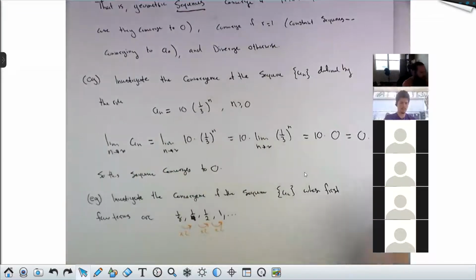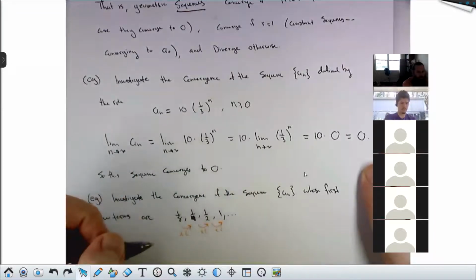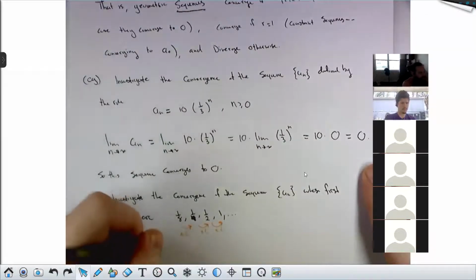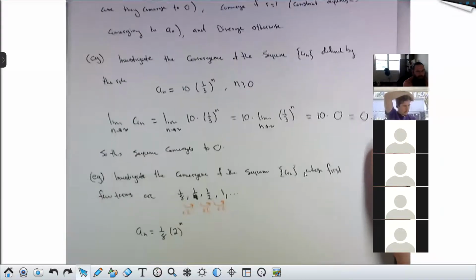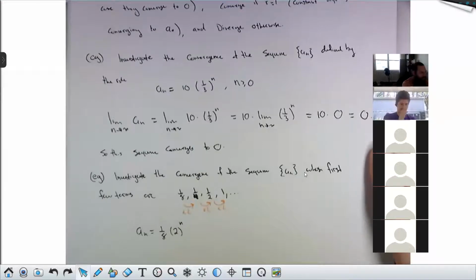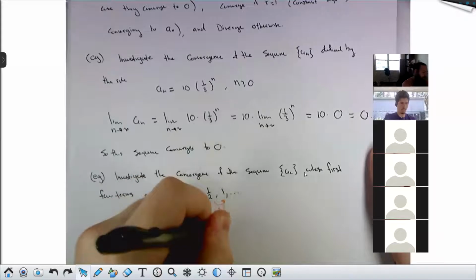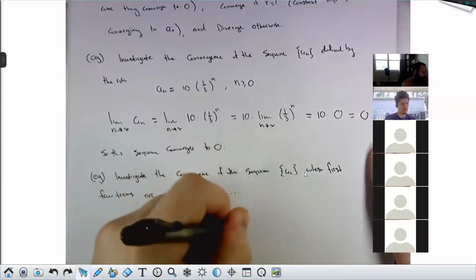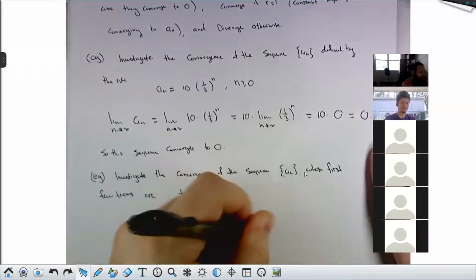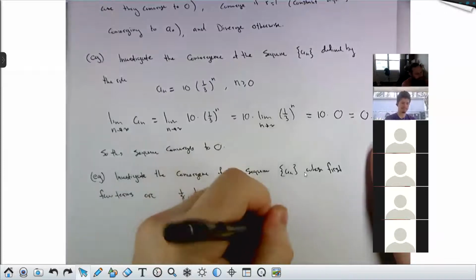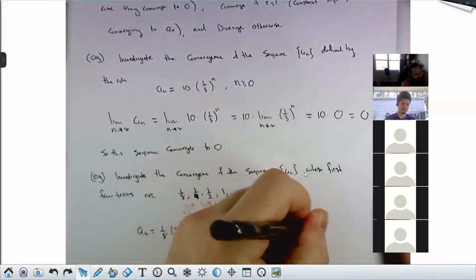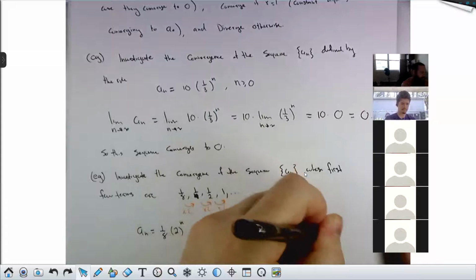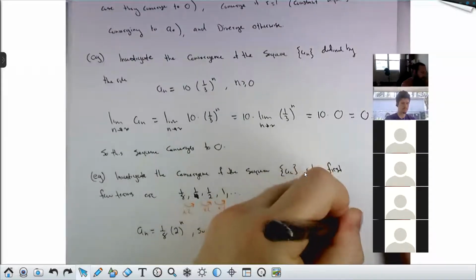So this is a geometric sequence whose starting term is 1/8 and whose common ratio is 2. So I can say an here is 1/8 times 2 to the n. So the limit as n goes to infinity of an is the limit as n goes to infinity of 1/8 times 2 to the n, which is 1/8 times the limit as n goes to infinity of 2 to the n.